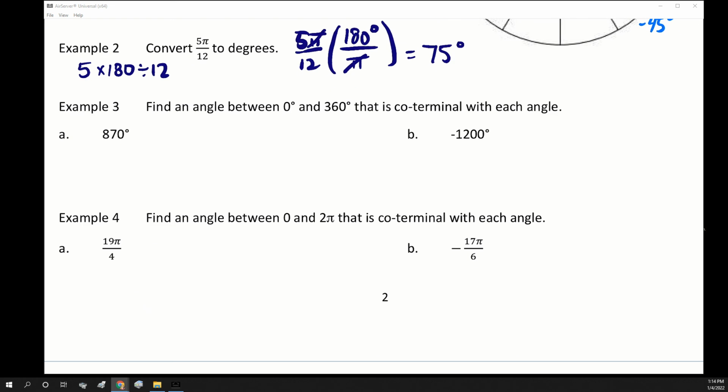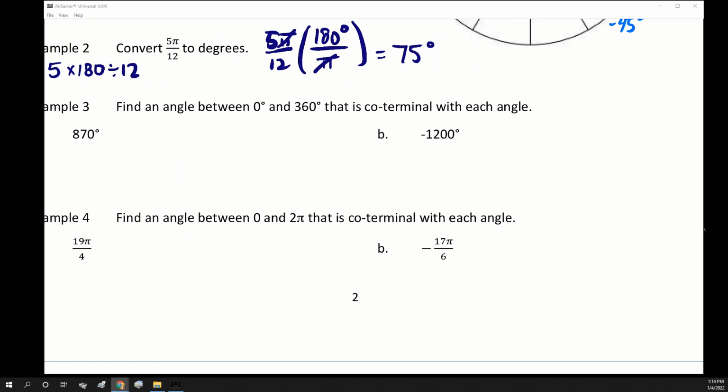All right, so for example 3, we are going to find coterminal angles, and our angle that we want to end up with needs to be between 0 degrees and 360 degrees. So what we're going to do is just keep adding or subtracting 360 degrees until it's in the correct range.